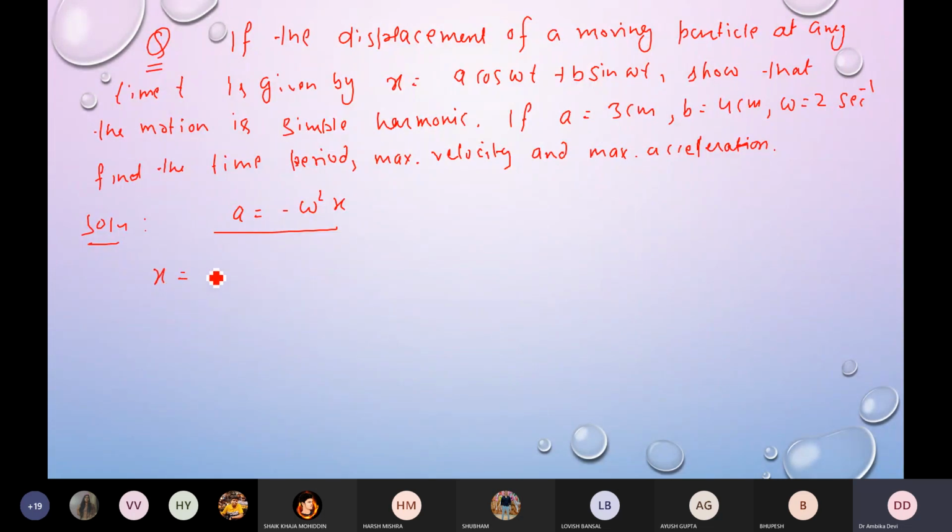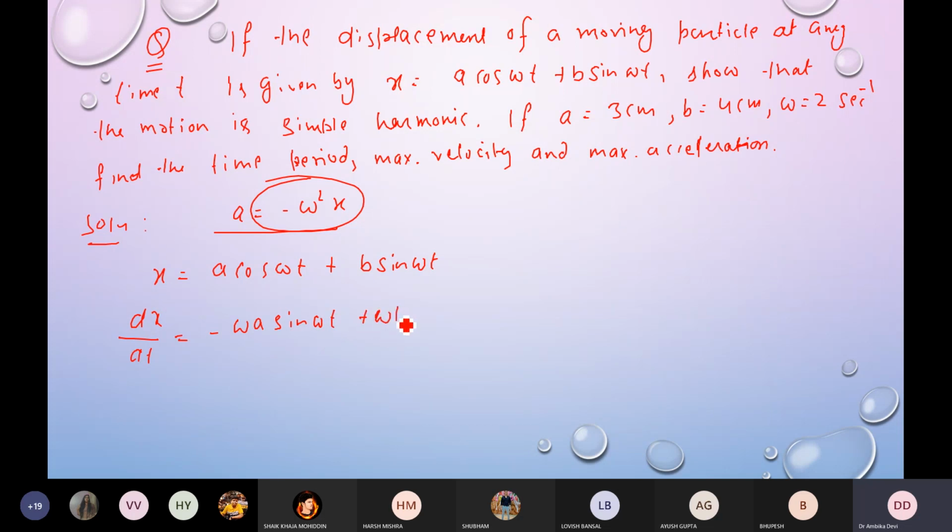So what is x? x is a cos omega t plus b sine omega t. Differentiate it, double differentiate it, and then you will get this. So dx by dt is equal to minus omega a sine omega t plus omega b cos omega t.